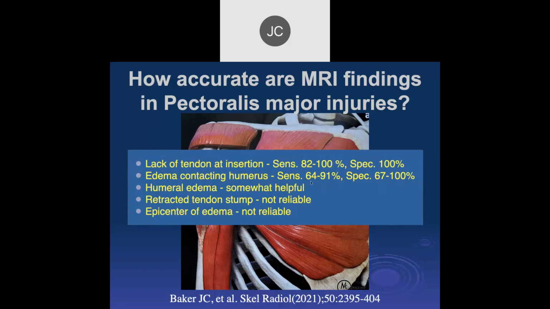If you see edema contacting the humerus, the sensitivity drops a little bit, specificity drops. If you have just edema in the humerus itself, it's somewhat helpful, but not very good. Retracted tendon stump, they said, is not reliable. And the epicenter of the edema doesn't seem to be very reliable.